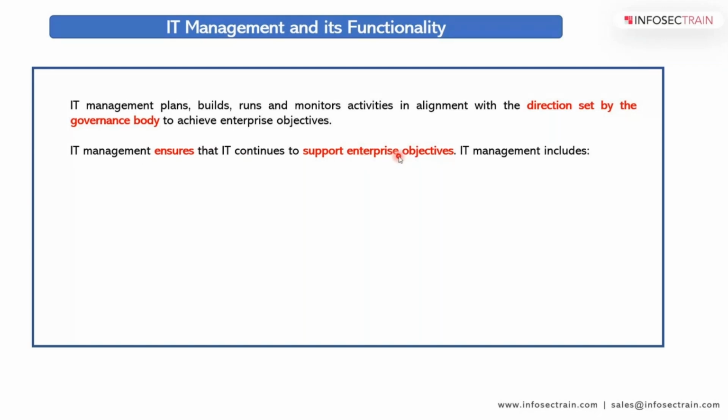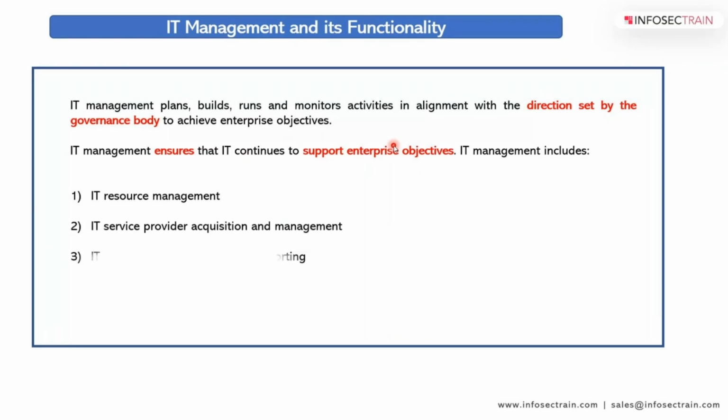It includes resource management, service provider acquisition and management, performance monitoring and reporting, quality assurance and quality management. So quality assurance is something where you assure that the product meets the standards, and quality management is management of quality as a whole.